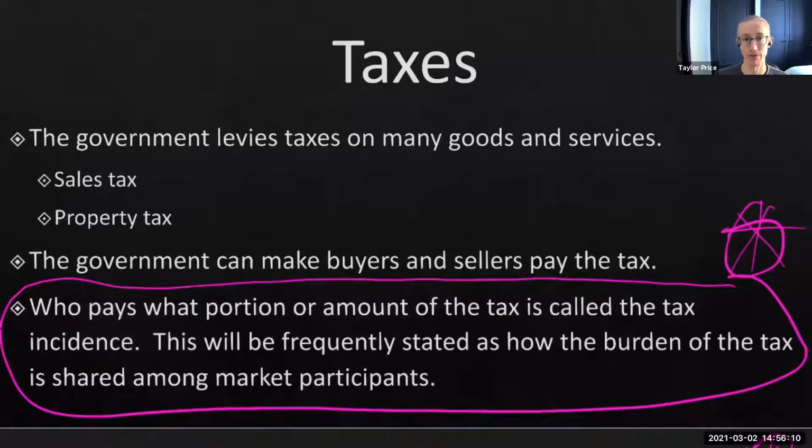If the government levies a $4 tax, it levies a $4 tax. But the split of how that tax is paid between buyers and sellers can vary depending on the elasticity of the demand and supply curve.